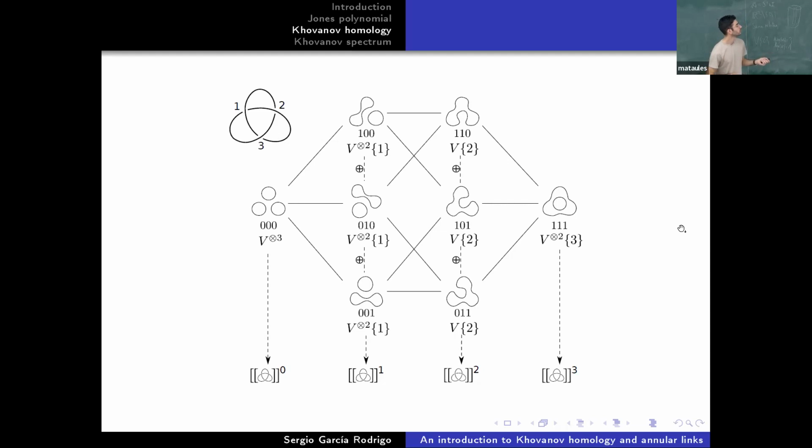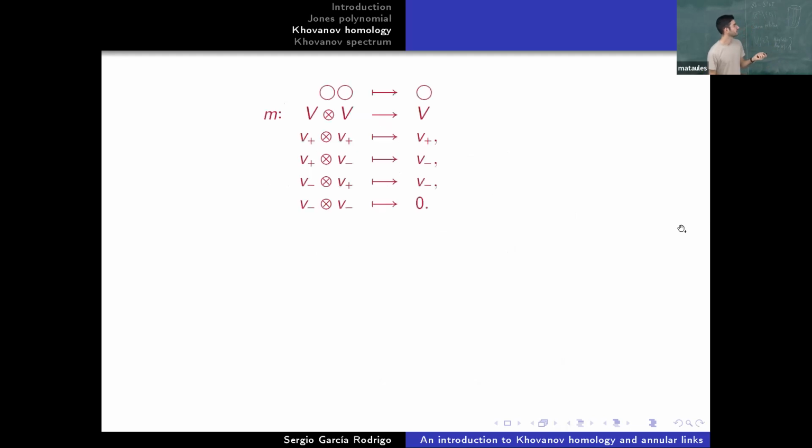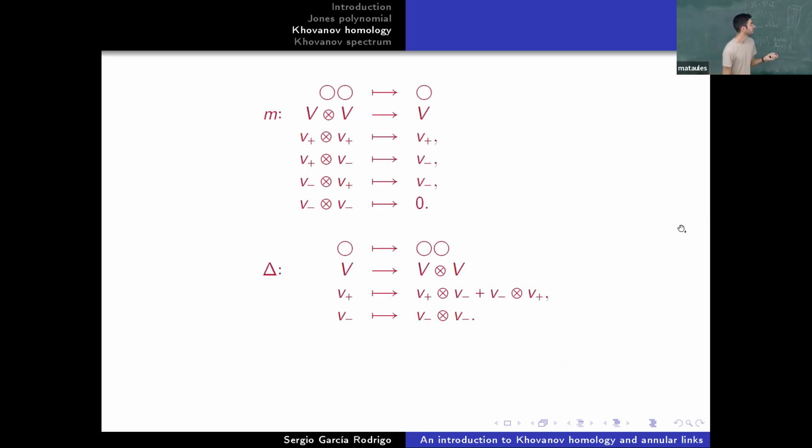So there are two circles that merge into one, like this. Or the other case that we can have is that one circle splits into two.